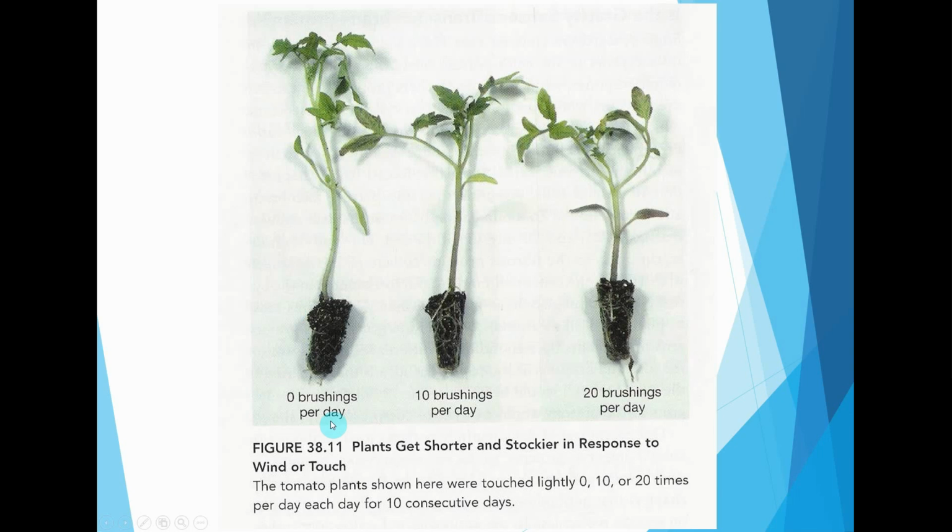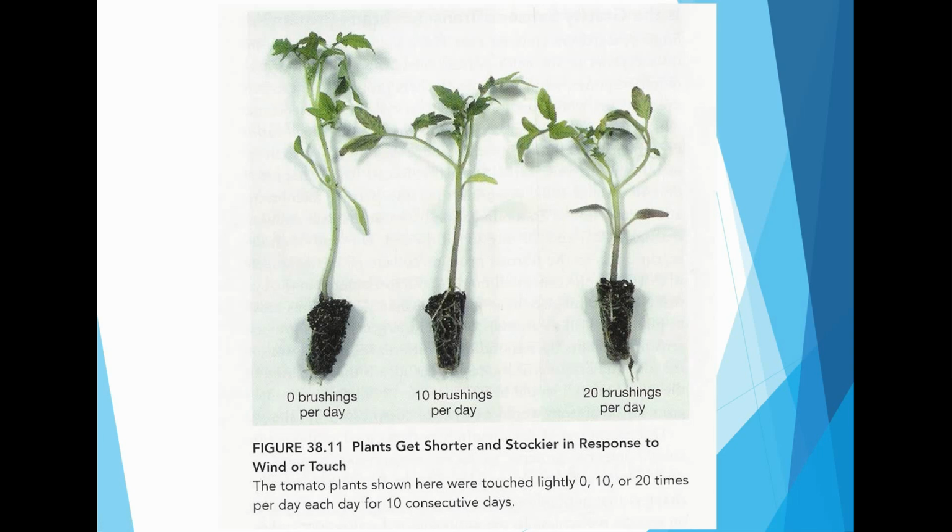So we bumped it, lightly touched, 0, 10, or 20 times a day for each day consecutive. Each day this one got 20 brushings gently, each day this one got 10 brushings, and each day this one got 0. You just gently petted it like you would pet a cat.